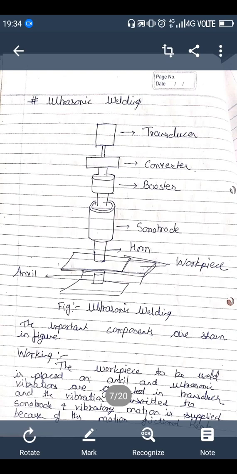With its help, electrical signals are converted to mechanical vibration in the range of 20 to 40 kilohertz. The transducer consists of a number of piezoelectric ceramic discs sandwiched between two metal blocks. Between each of the discs there is a thin metal plate which forms the electrode. As the sinusoidal electrical signal is fed to the transducer via the electrodes, the discs expand and contract, producing an axial peak-to-peak movement of 15 to 20 nanometers.